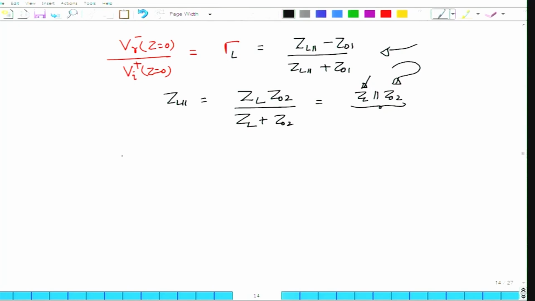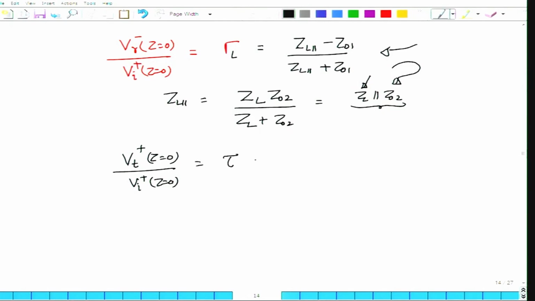If I am interested in the amount of voltage that is actually transmitted onto the second transmission line, I have to find Vt plus at z equal to 0 relative to the incident voltage that I have sent. This ratio of the transmitted voltage at the load to the incident voltage at the load is called the transmission coefficient. There is no standard symbol to denote this one.